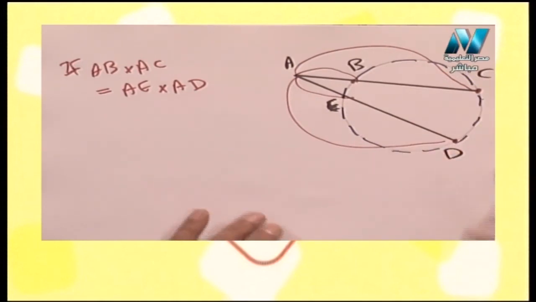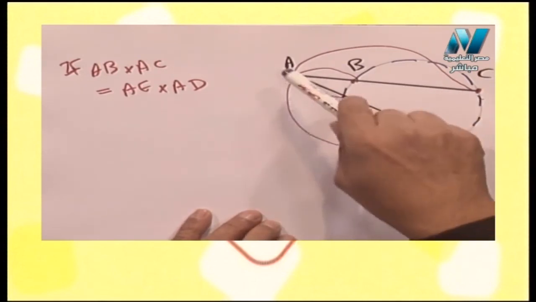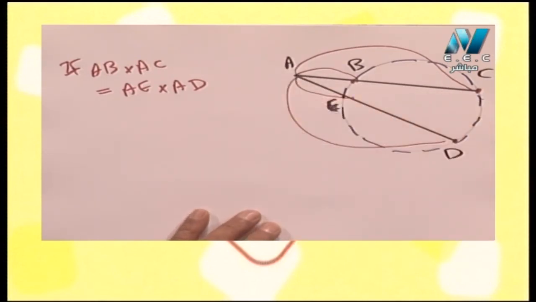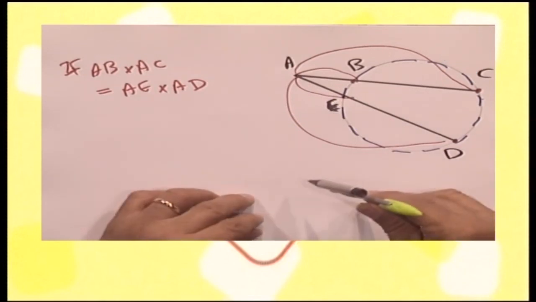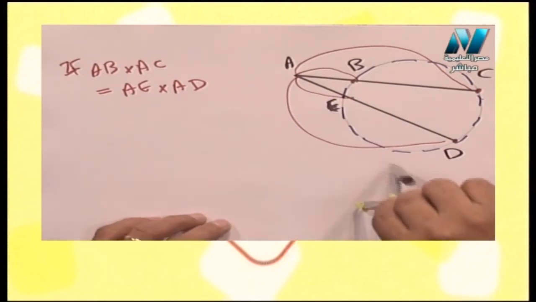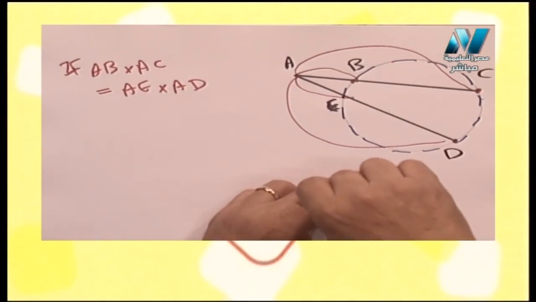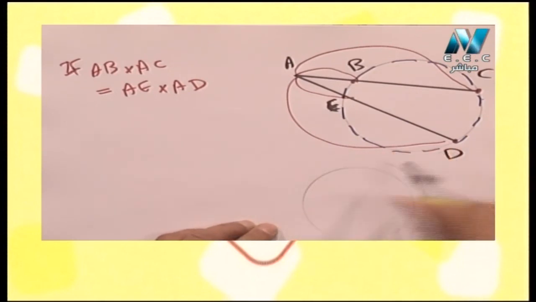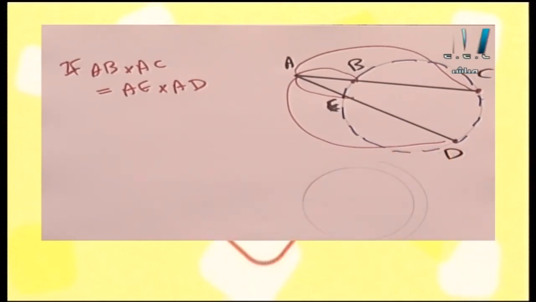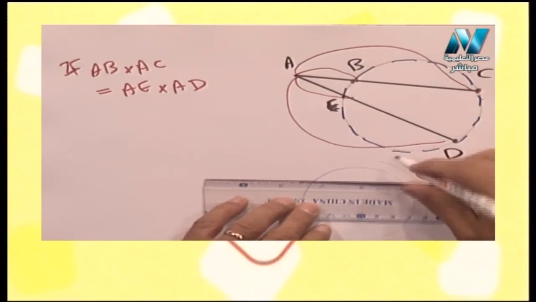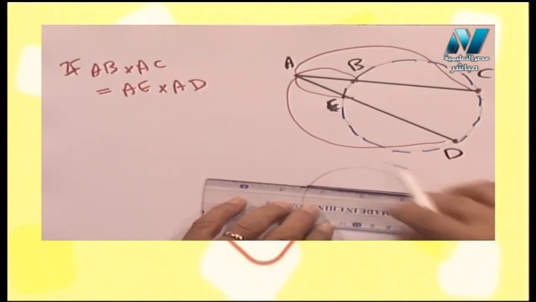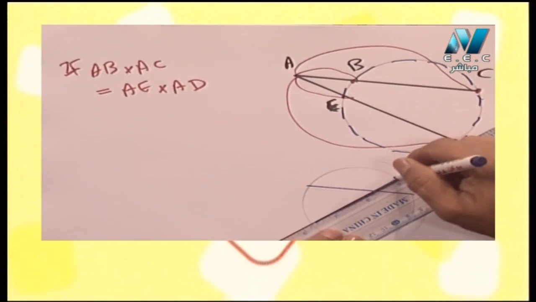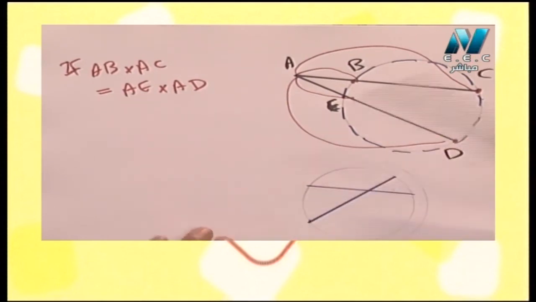This is when the two chords intersect outside the circle, and if we have another case where the two chords intersect inside the circle, we have here two chords. These two chords intersect inside the circle.